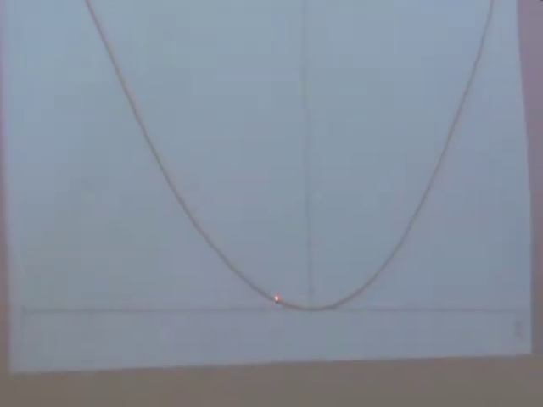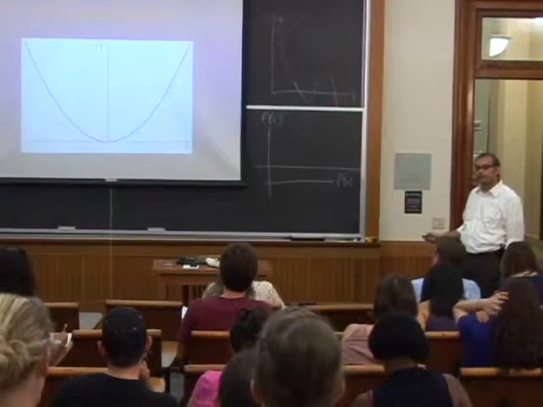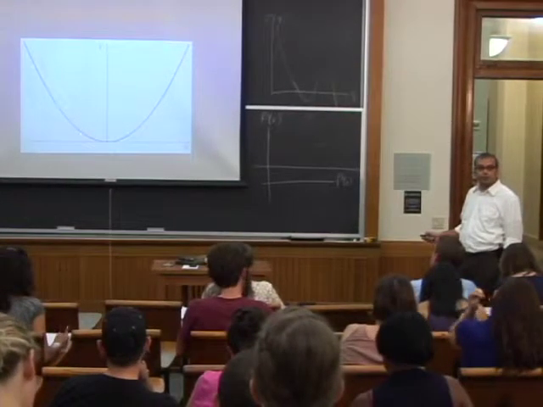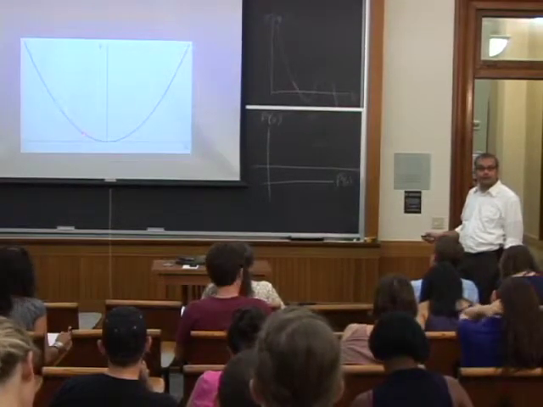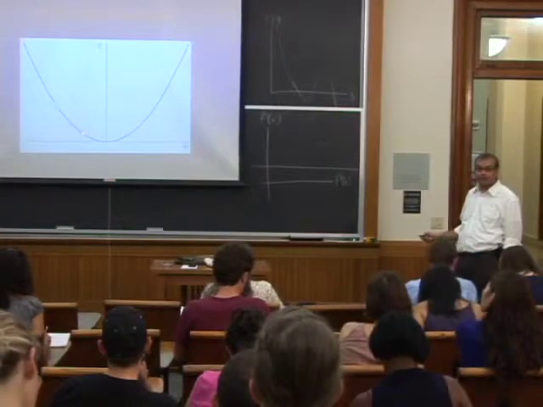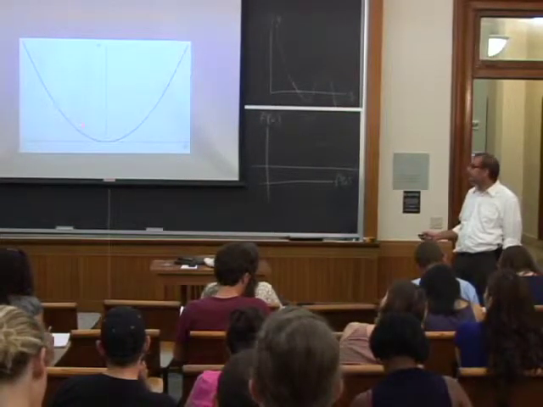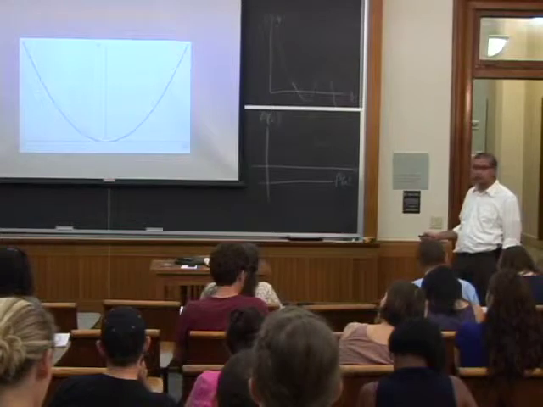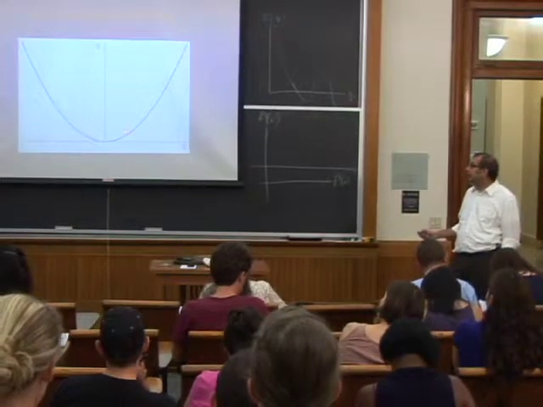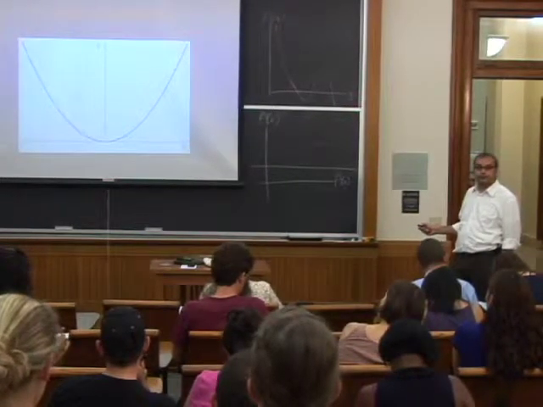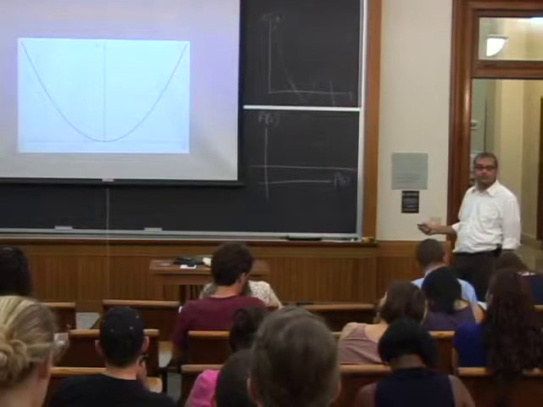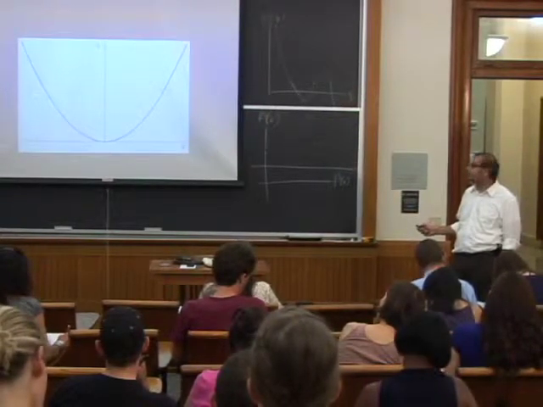Here, it's probably closer to -1. So its slope goes from -8 to -1. That means its slope is increasing. Here its slope is 0. And here its slope is positive. So slope is always increasing for this function. It's a convex function.